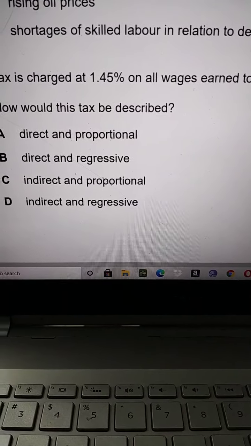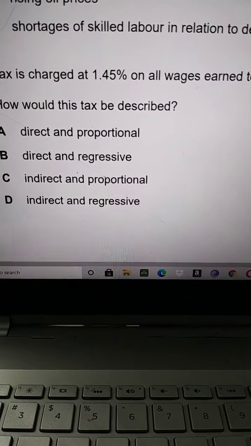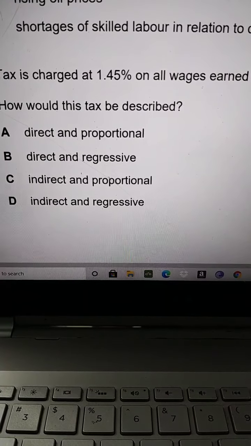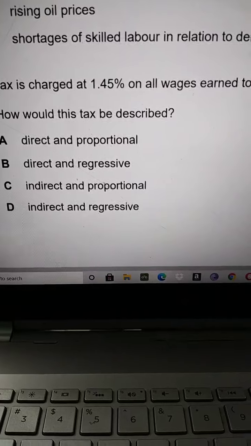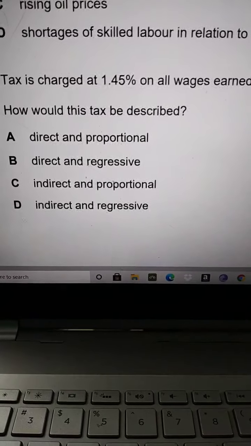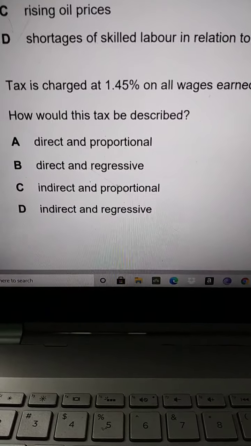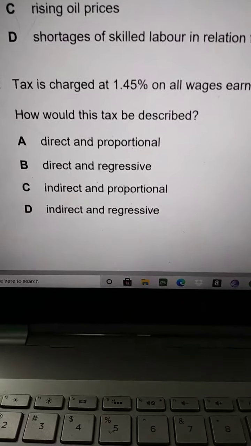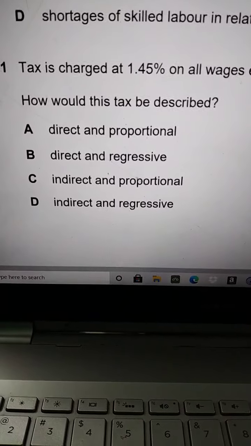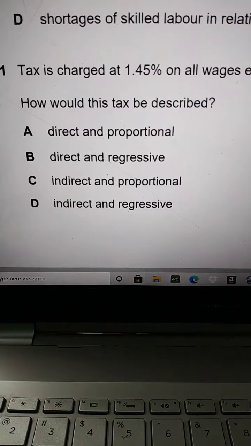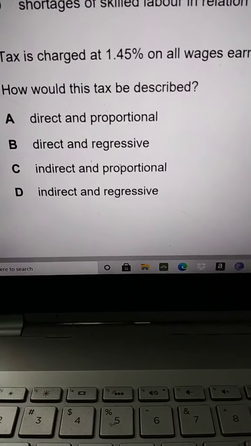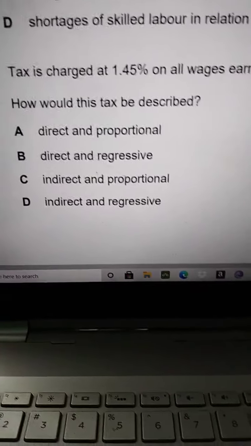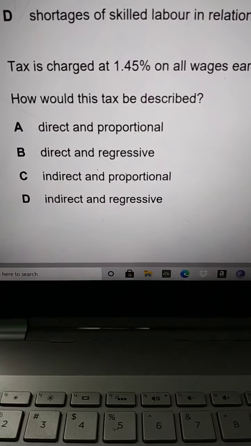So this surely means that this tax is flat, proportional, 1.45% for everyone, and it is calculated on wages. So this is direct in nature also. So direct and proportional. Tax is collected from the wages, from the income, right? So it is direct tax, and it is fixed, so it is proportional as well. A is the answer.